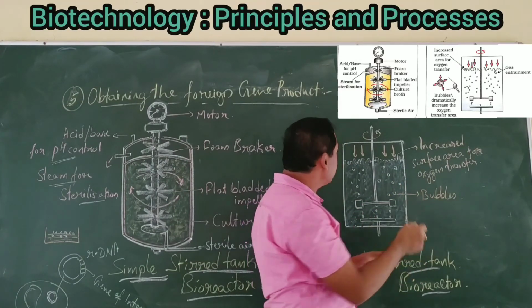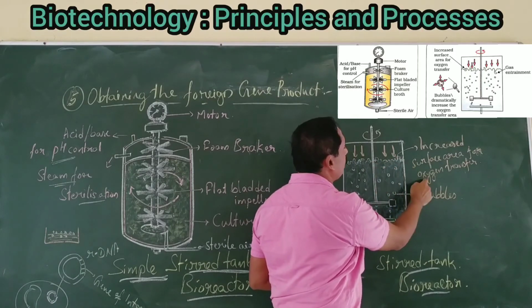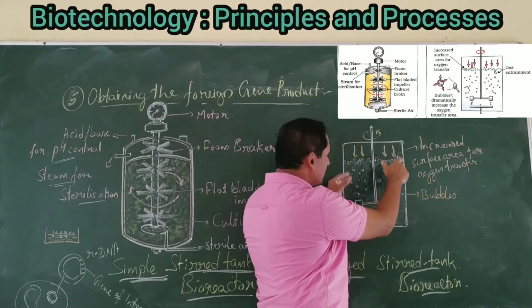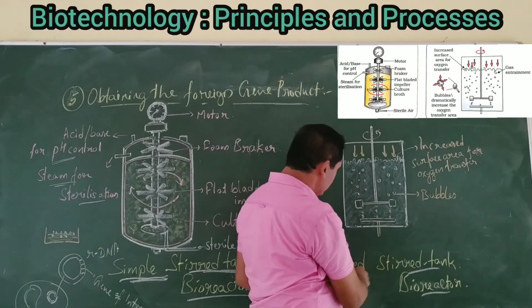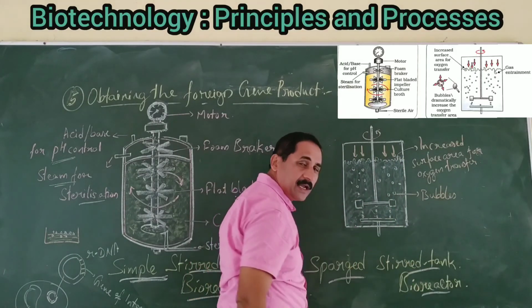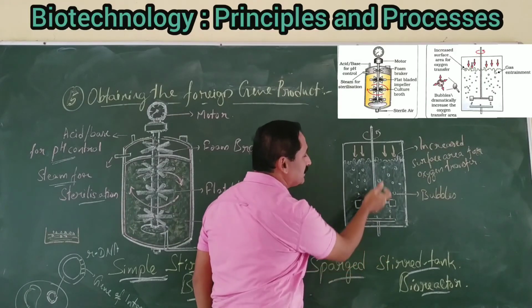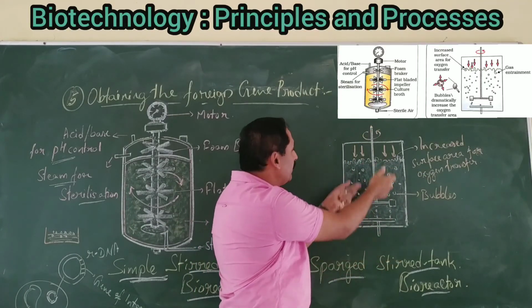So that increases the surface area of absorption for oxygen transfer. Only the difference is the sparger that sparges the air bubbles into the nutrient media.